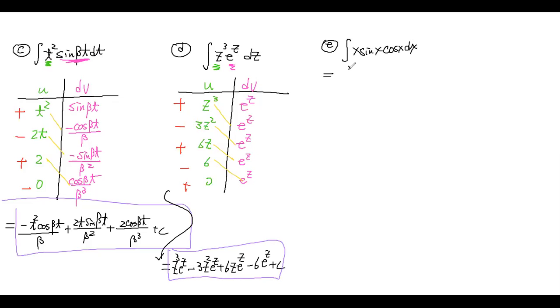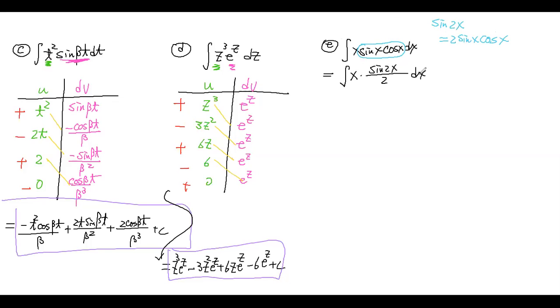In order to use the tabular form, I need to combine these 2. So I'm going to use the double angle formula. If you remember, sine 2x is a double angle, so it's 2 sine x cosine x. So I can rewrite sine x cosine x as half of sine 2x dx, correct?